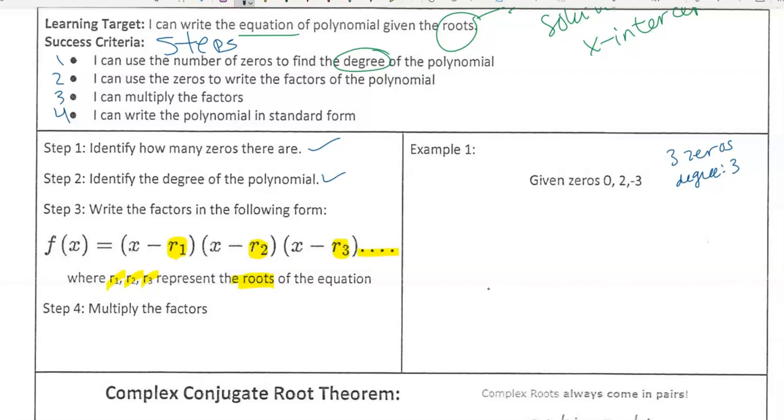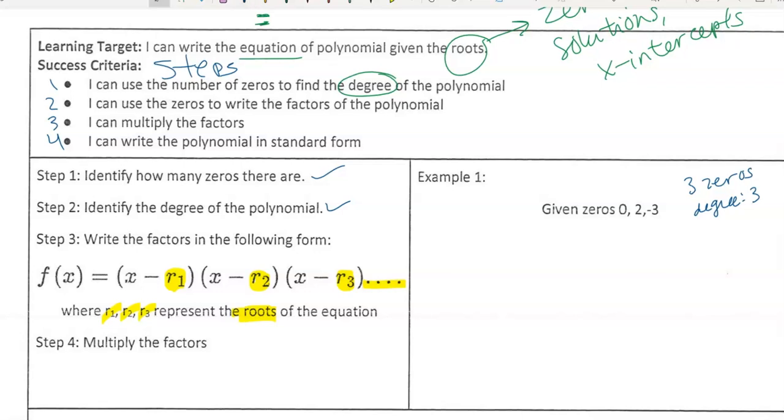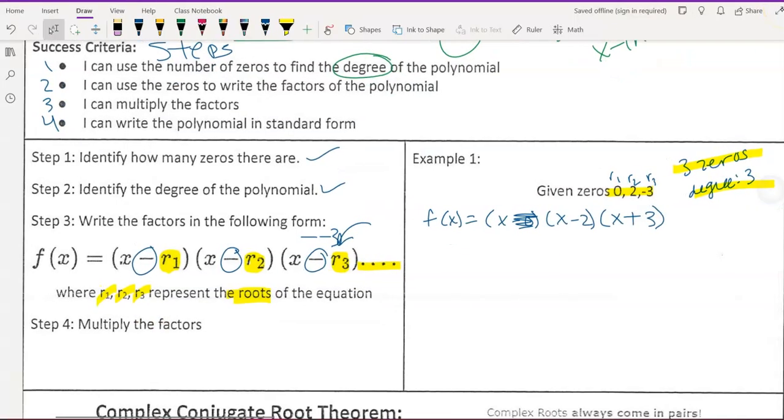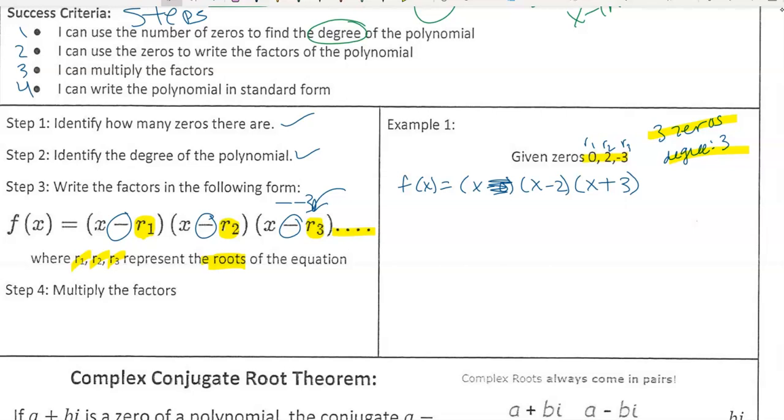All right, so here we have 3 zeros, 3 roots, which means degree of 3. This is going to be our root 1, root 2, and root 3. Let's use this formula. We're going to say f of x equals x minus 0, just like the formula, x minus 2, and x minus negative 3.